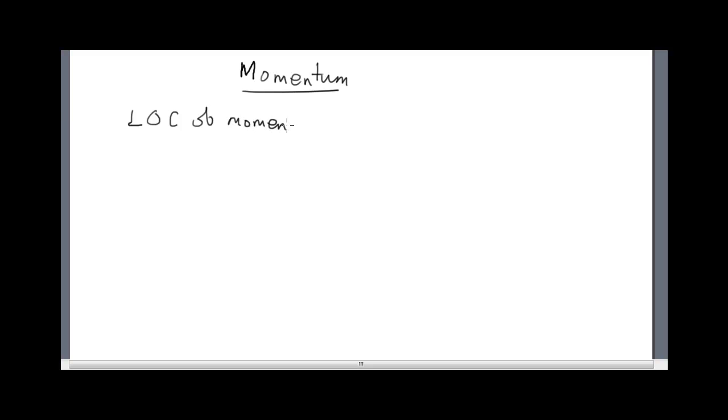Now we all know momentum, which is normally symbolized by the letter P, is equal to mv, which is mass times velocity of any body, of any particle.